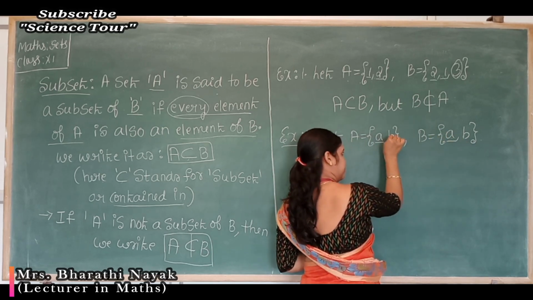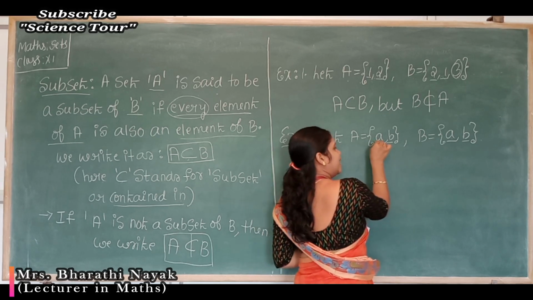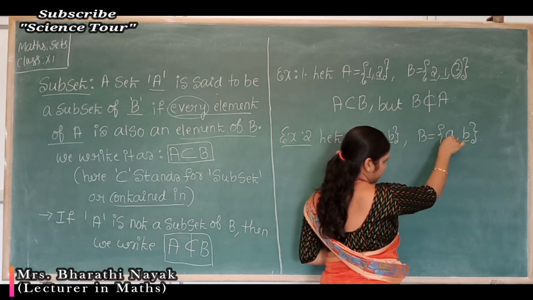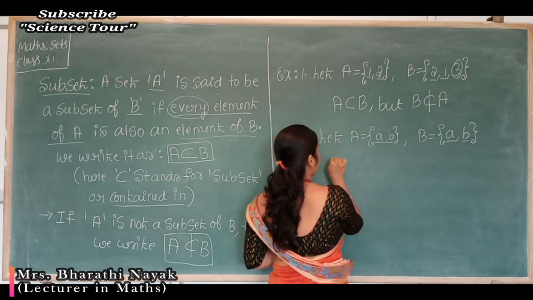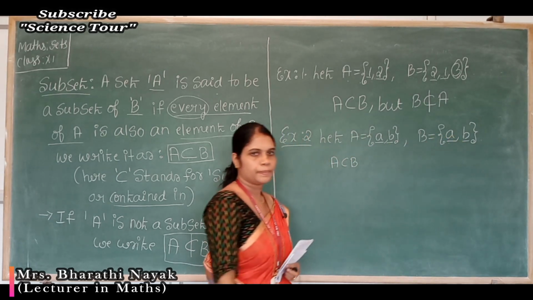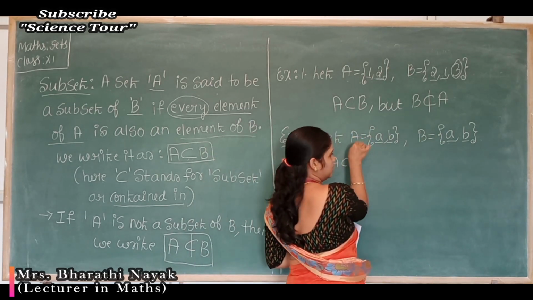Yes. Element b, do you have that element b? Yes. So all the elements of set A are contained in set B, isn't it? So therefore, can you say A is a subset of B? Yes. Okay. So now compare the elements of B with A.